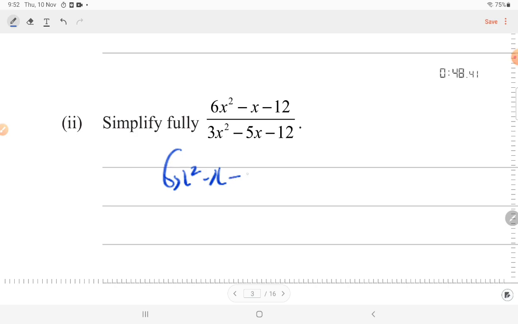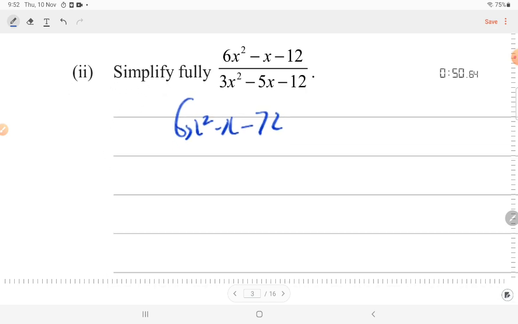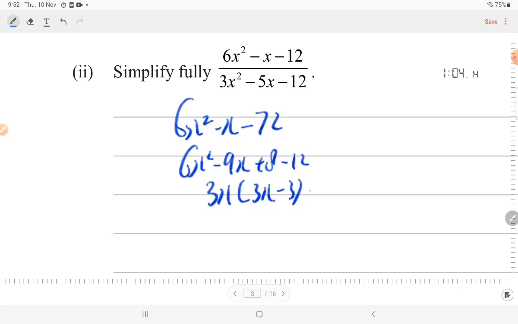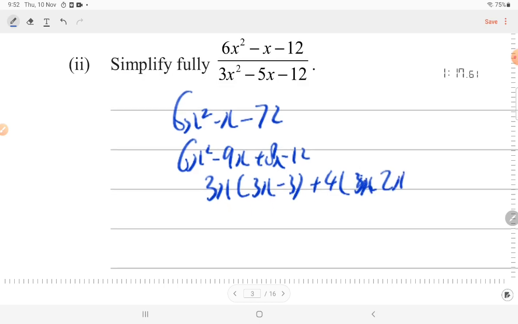Square minus x minus 72. Squared minus 9x minus 12. x minus 3. x, right, plus. Right. Oh no, that's 2.